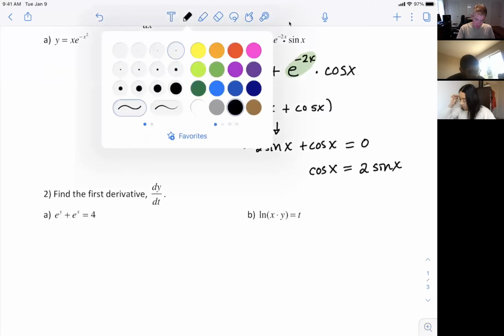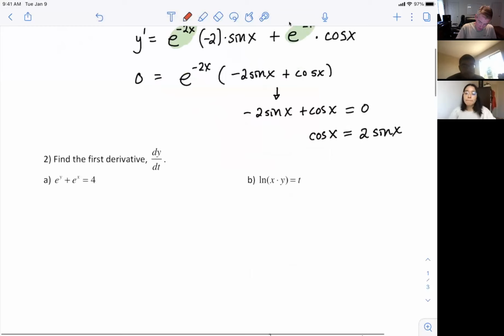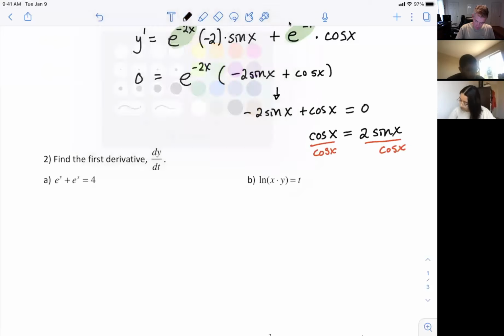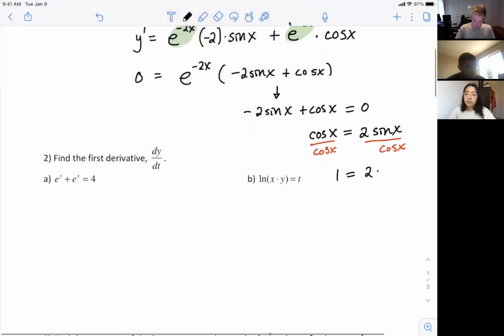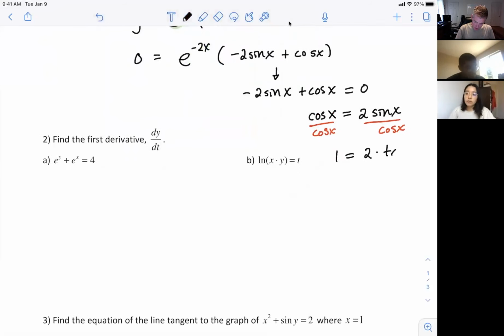And then in order to get this to become one trig function, I'm going to divide both sides by cosine. Because then on the right side, there's sine divided by cosine, so that's tangent. And next, divide both sides by 2.